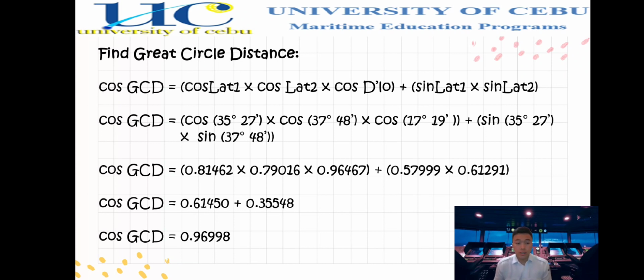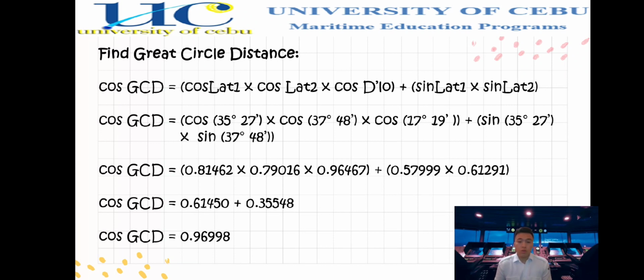So cosine GCD is equal to 0.81462 times 0.79016 times 0.96467, plus 0.57999 times 0.61291.